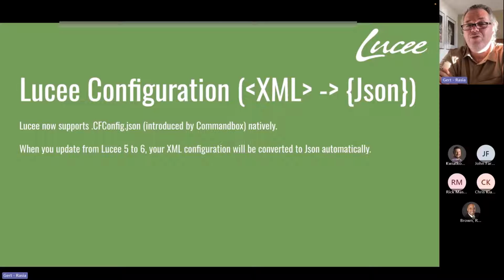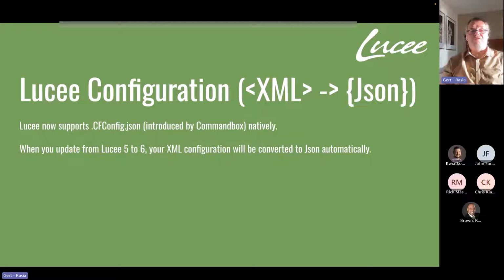And it can actually do even more than cfconfig can do, because cfconfig doesn't configure everything. You can't just say, I want to do server admin or web admin. But in the configuration JSON for Lucee now, you can do everything because we are storing it in that format. So when you define your configuration JSON, you can change everything with it.